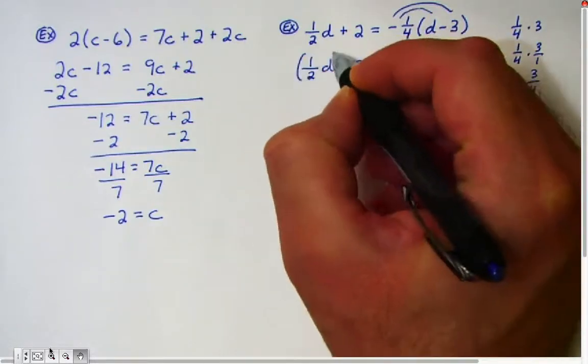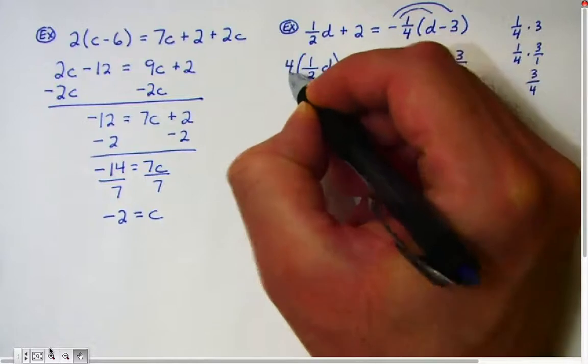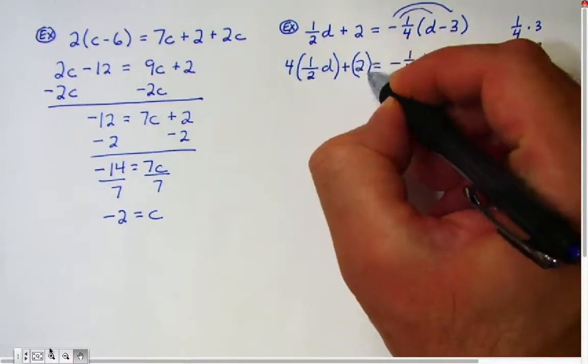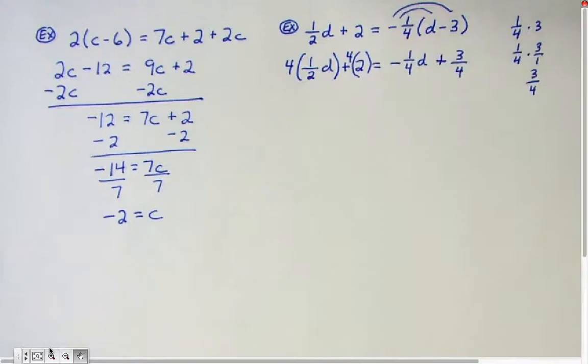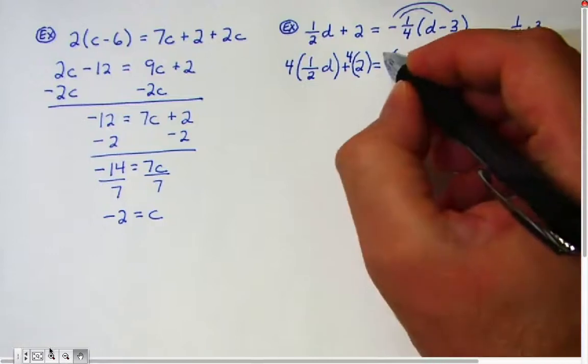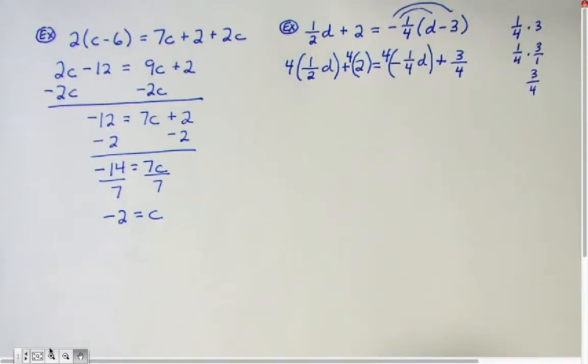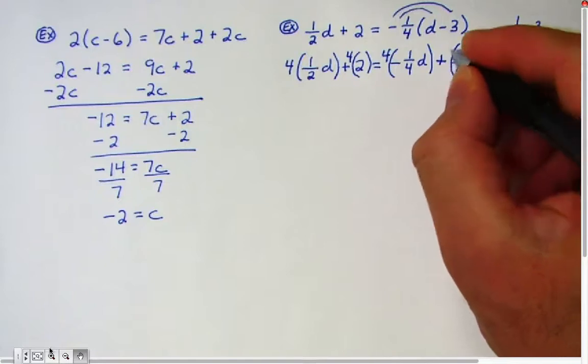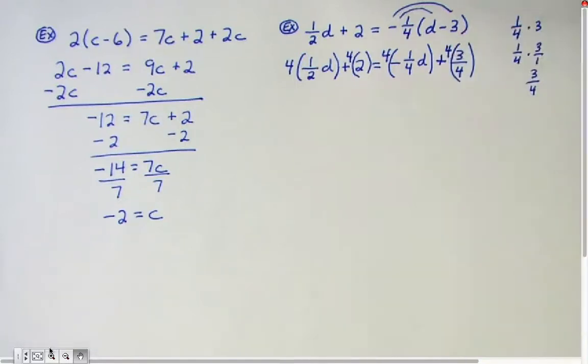So put parentheses around 1/2 d, multiply that by 4. Put parentheses around the 2, we're going to multiply that by 4. Put parentheses around the negative 1/4 d, we're going to multiply that by 4. And put parentheses around the 3/4 and multiply that by 4.